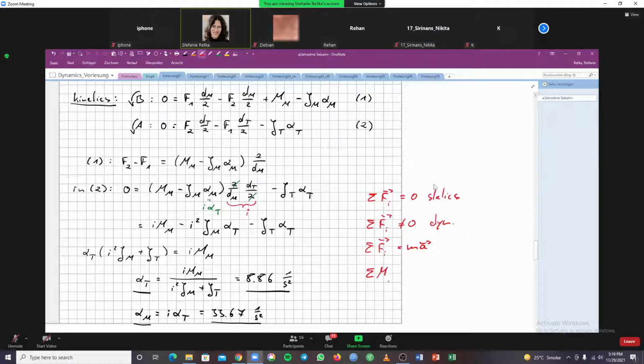The sum of all moments with respect to the rotational axis is also not 0 anymore. It's unequal 0. It's J times alpha. Okay, and then we write it in a way that we subtract it from the other side of the equation. Exactly. We simply rearrange the equation.